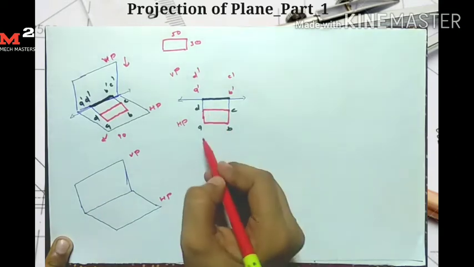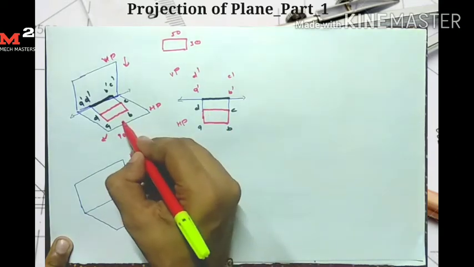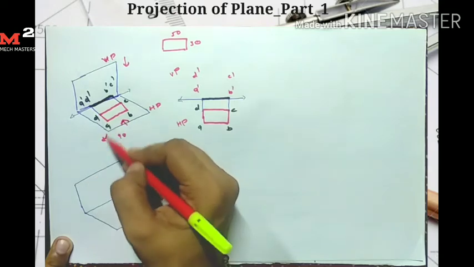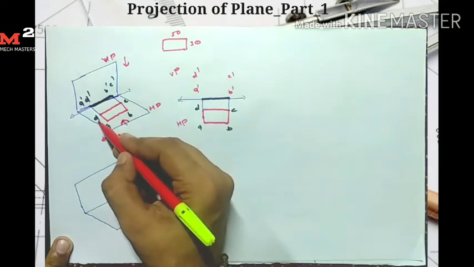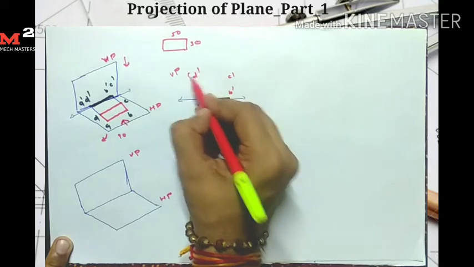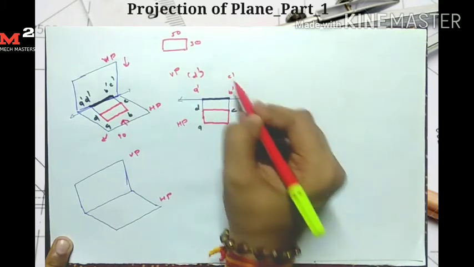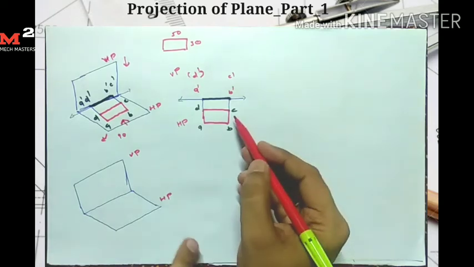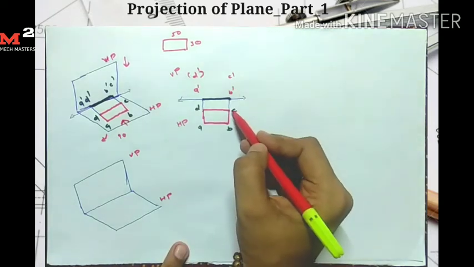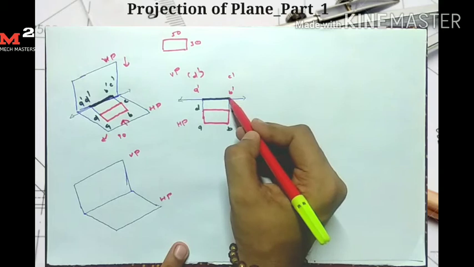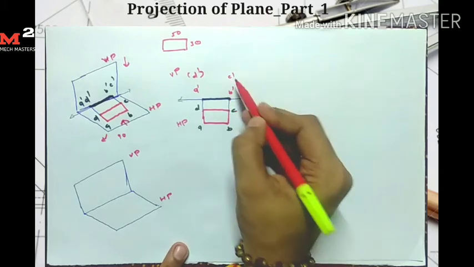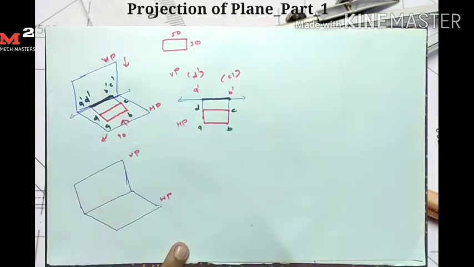Seen from the front, the A and D points are seen as the same point, but D is behind A, so I indicate it by a bracket, meaning D is a hidden point. Similarly, B and C are seen as one single point, but C is behind B, so we indicate it by a bracket, meaning it's a hidden point.